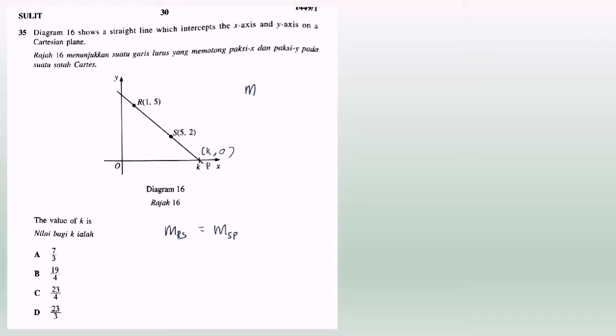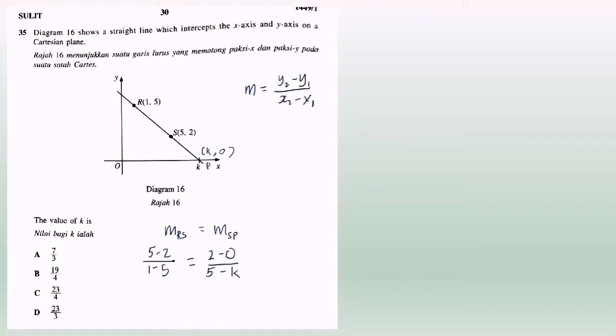Okay, so the formula for gradient, m equals y2 minus y1 over x2 minus x1. So 5 minus 2 over 1 minus 5 equals 2 minus 0 over 5 minus k.